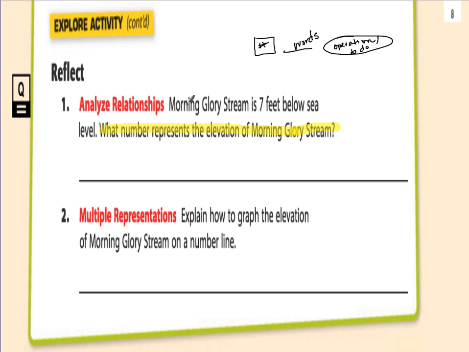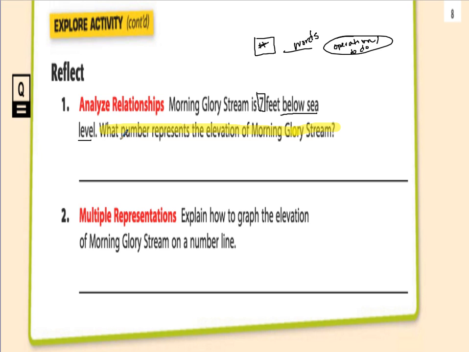So in this case, Morning Glory Stream is 7 feet below. Well, 7 is important. Below sea level is important because that tells me which way on the number line my number would go. And it also tells me since it's below sea level, it's less than 0 because sea level is 0. So I know my answer has to have a negative in it. And then what number represents the elevation?